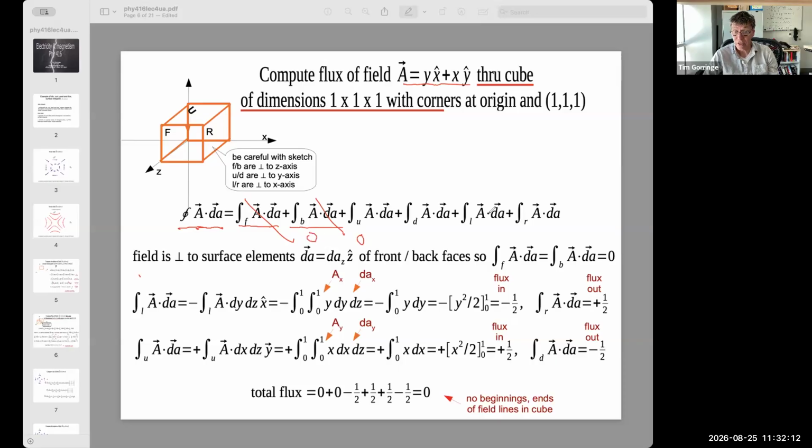The ones that I have to calculate that will have flux passing through the individual faces are what I call the upstairs and the downstairs and the left and the right. And so the calculations down here are for, in the first line, the left-right sides, and in the second line, the upstairs-downstairs sides. Let's do the left side.